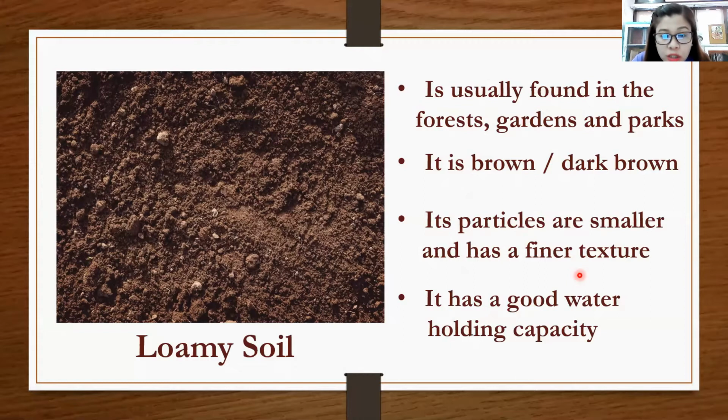So loamy soil contains a lot of humus, which provide the plants with nutrients. So the smaller pore spaces of loamy soil allow some water to flow through while holding back the rest of it. So therefore, loamy soil has a good water holding capacity.